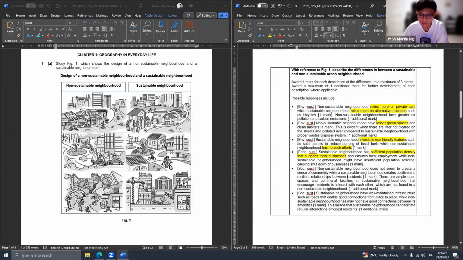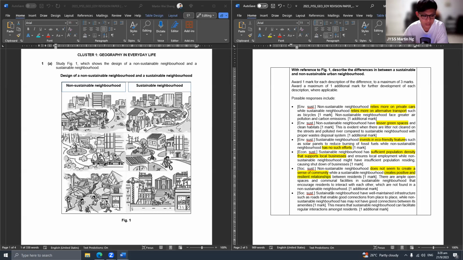As to social sustainability, non-sustainable neighborhood does not seem to create a sense of community. So no sense of community. While the sustainable neighborhood creates positive and resilient relationship between the residents.